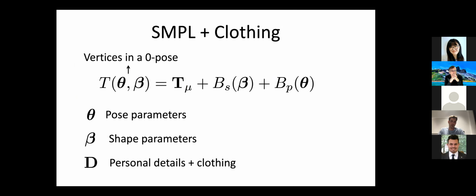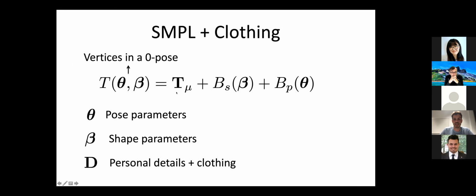models. Hopefully you've seen this equation several times and you're familiar with it. SMPL models the pose-dependent and shape-dependent deformations as a set of displacements added on top of an average mesh.